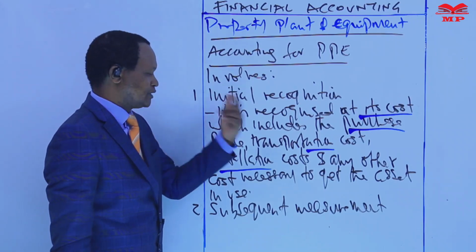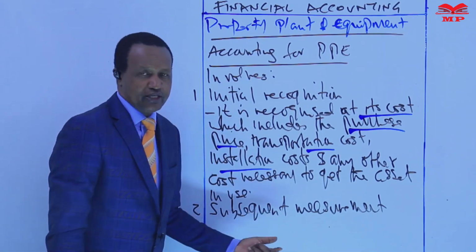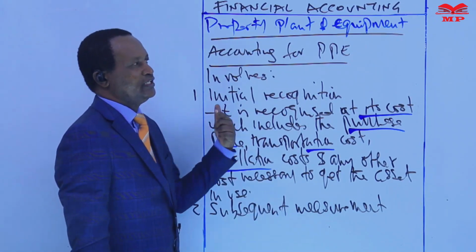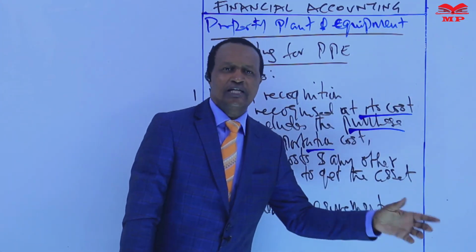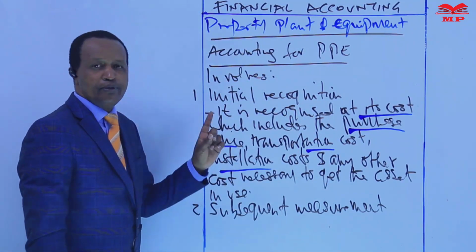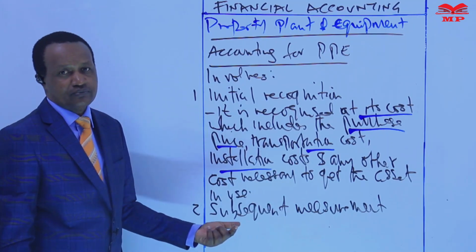Then subsequently, in the subsequent accounting period, how do we account for PPE? That's what we are referring to as subsequent measurement.